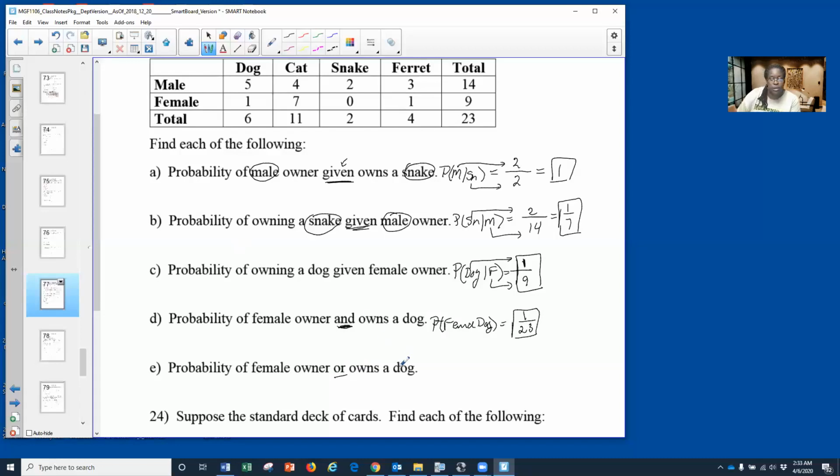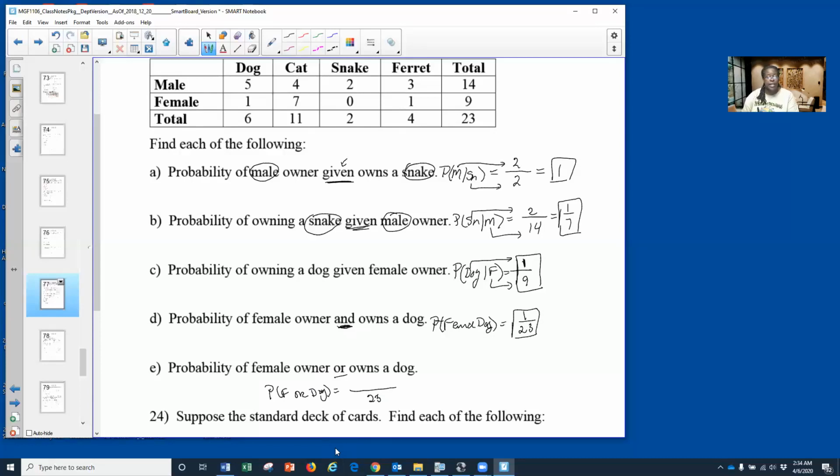Let's do it. Now, if it helps, write out your structure. So we know it's probability of female or dog. Remember our denominator is 23. Still talking about the total probability, so the total number who were participating in our study.